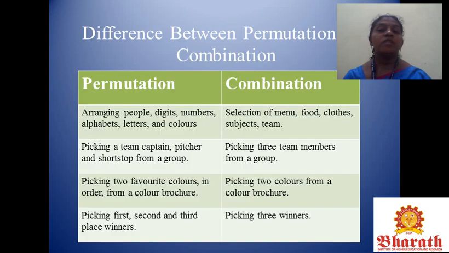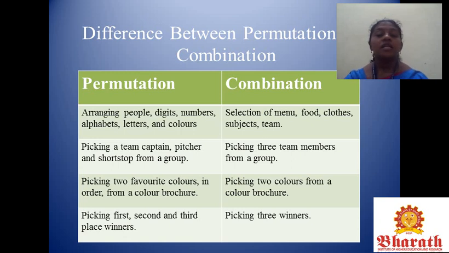The difference between permutation and combination. For permutation: arranging people, digits, numbers, alphabets, letters and colors. For combination: selection of menu, food, clothes, subjects, team. Next, picking a team captain, pitcher and shortstop from a group is permutation.